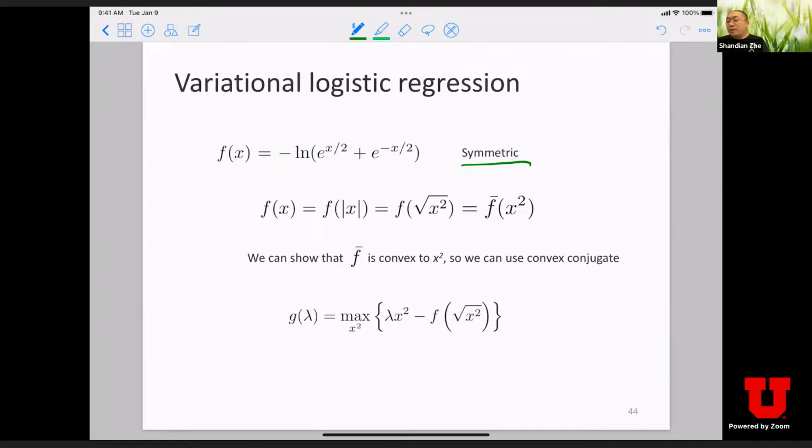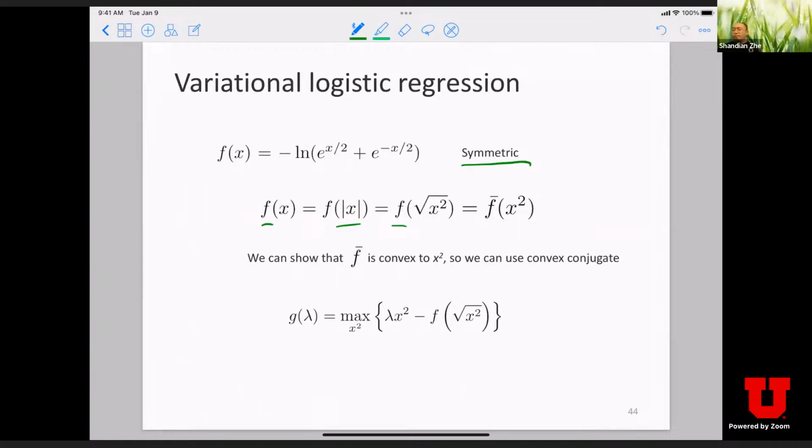Because it's symmetric, f of x is the same as putting the absolute value of x into f. In other words, you take the square of x and then the square root, giving the absolute value of x into f.